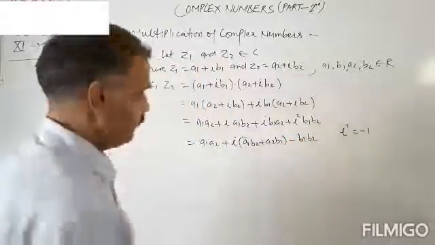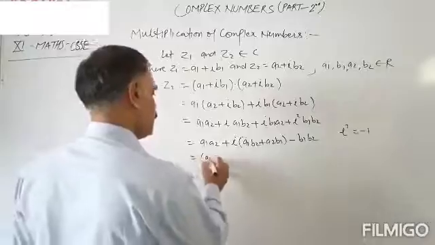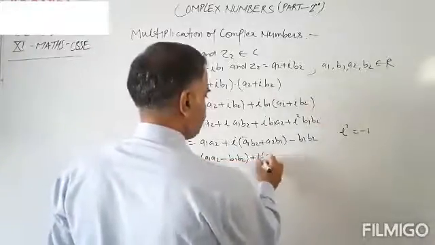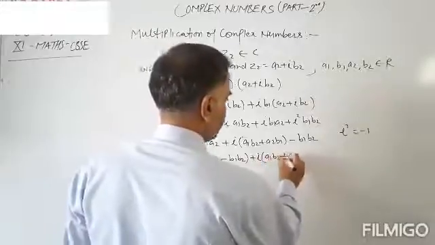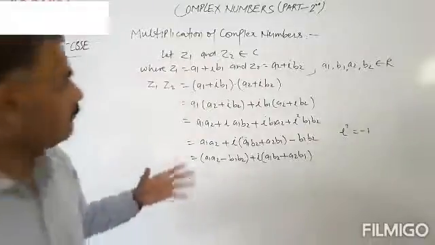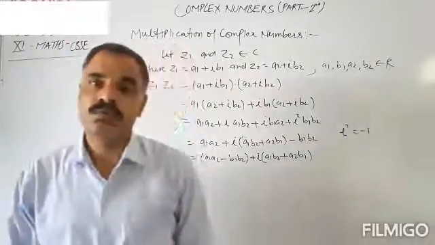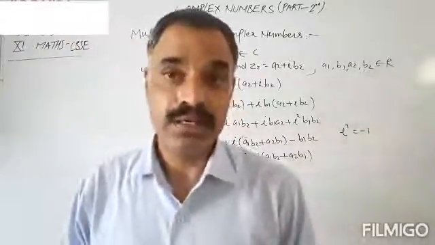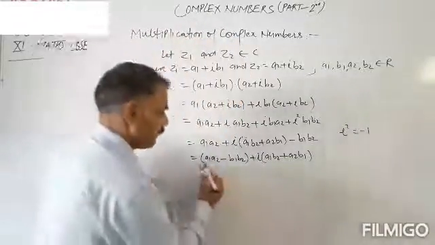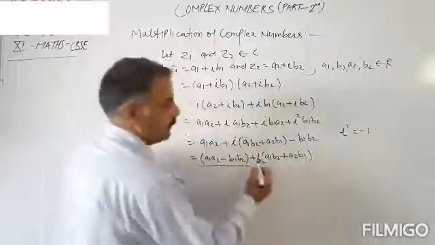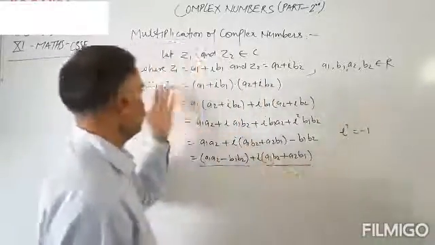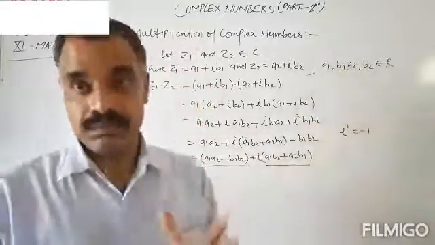So this is equal to A1 A2 minus B1 B2 plus iota times (A1 B2 plus A2 B1). Okay, so this is the multiplication of two complex numbers Z1 and Z2. Now this is the real part of Z1 Z2, and this is the imaginary part of Z1 into Z2, means multiplication.